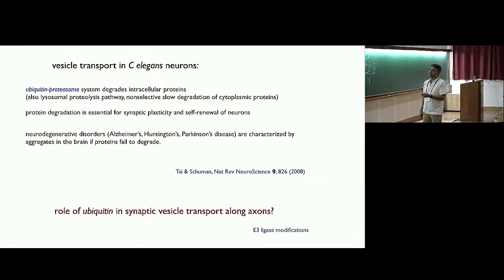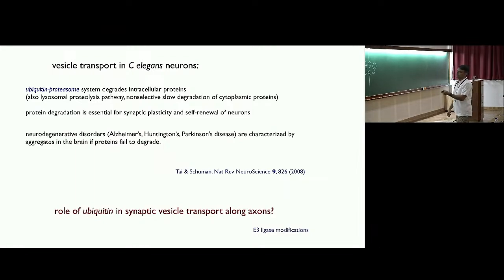This degradation is important because a protein is generated and can change its shape after doing some work, and once it's not useful, you want to degrade it so that you can generate other proteins, whatever you require. So you don't want to waste material.